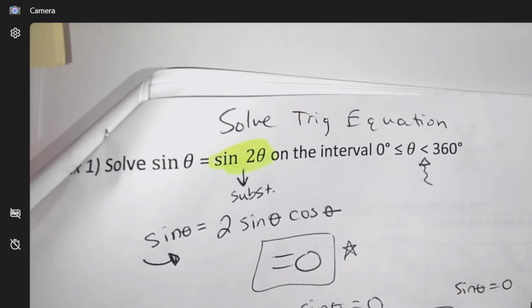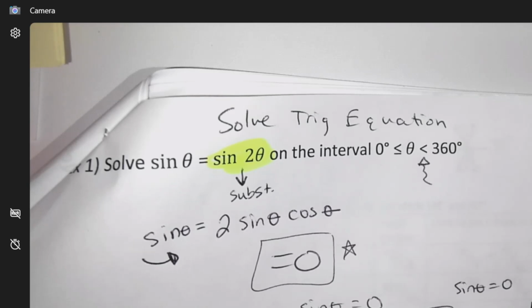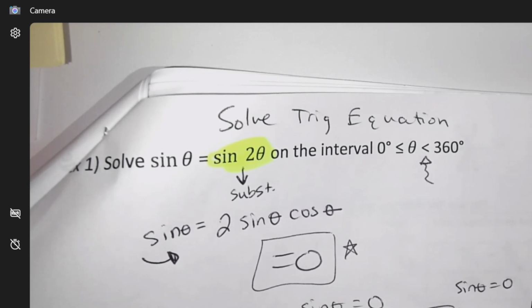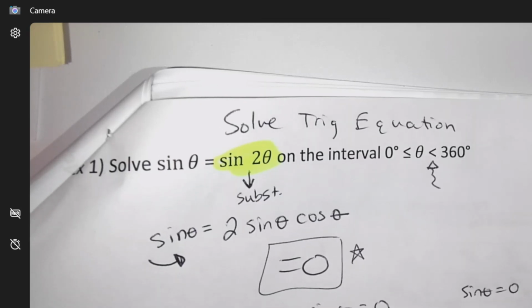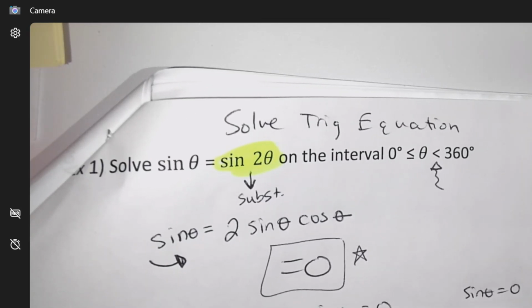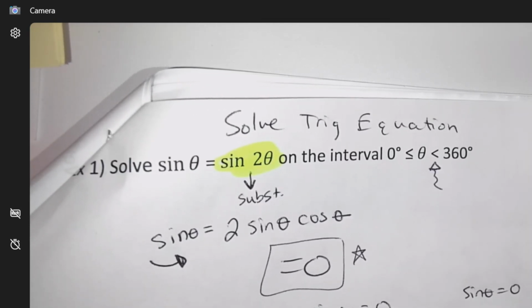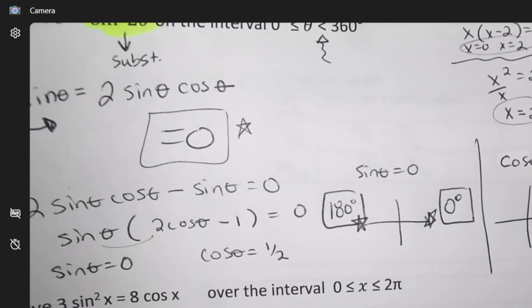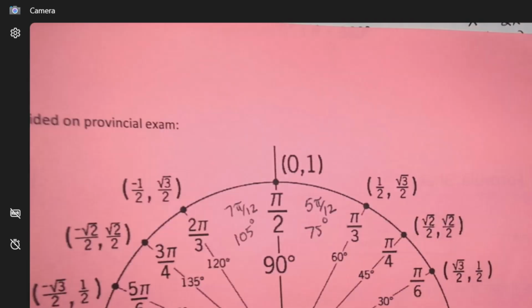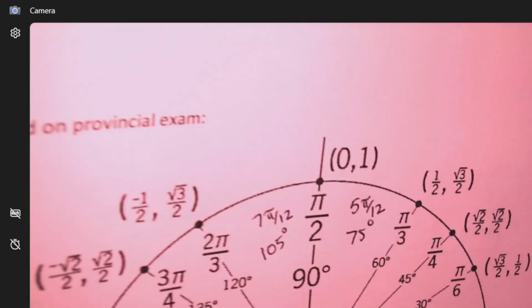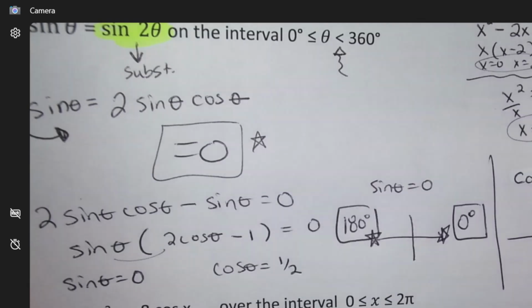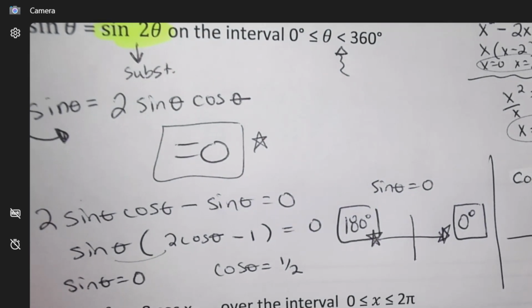Okay, so now we have a cos to deal with. Cos is 1/2, so I'm looking for x values. I'm looking for x values of 1/2. So I found spots on my unit circle. X value of 1/2, so I can go 60 degrees and 300.